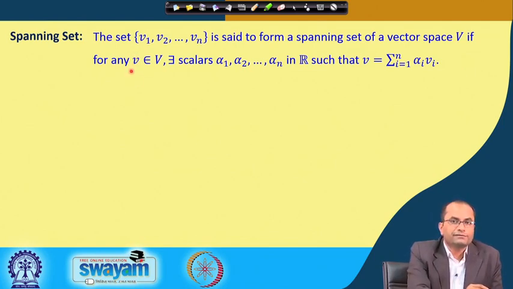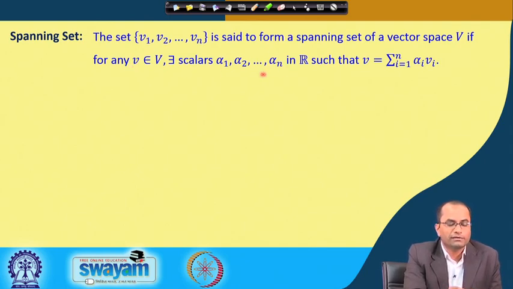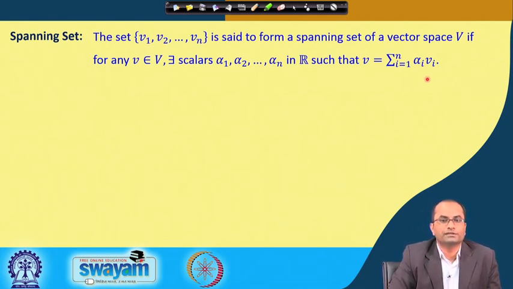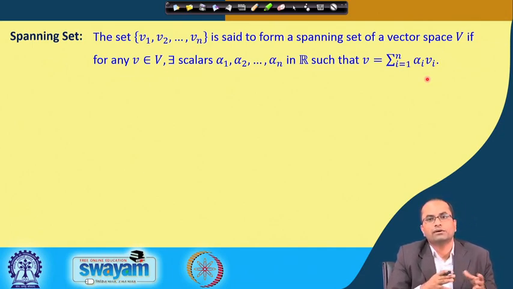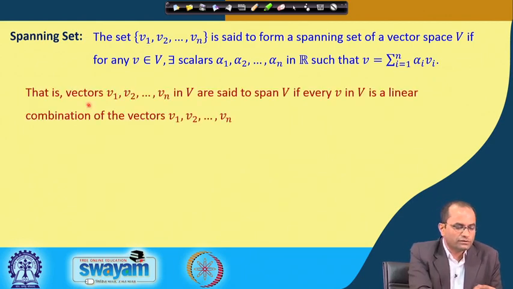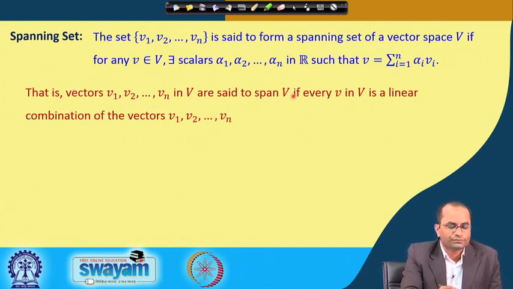We will call this a spanning set of this vector space V if for any V, if we take any element from that vector space V, then there will exist scalars alpha 1, alpha 2, alpha n, such that V is equal to this linear combination of these V's. If any element of this vector space we can write down as a linear combination of this given set, or in other words, the vectors V1, V2, Vn in V are said to span V if every V in V is a linear combination of the vectors V1, V2, V3, Vn.